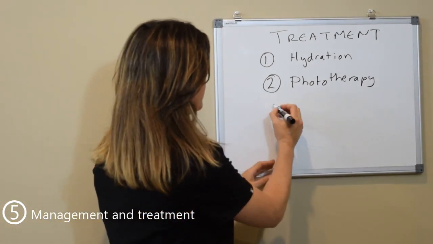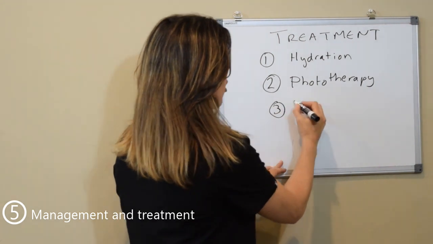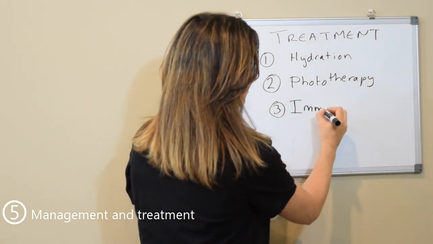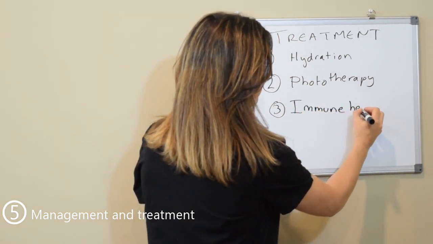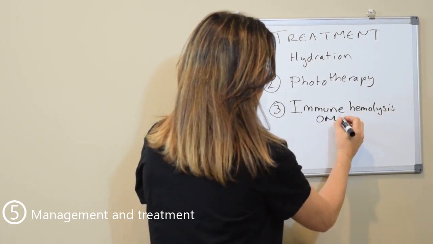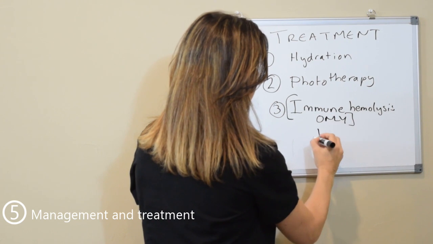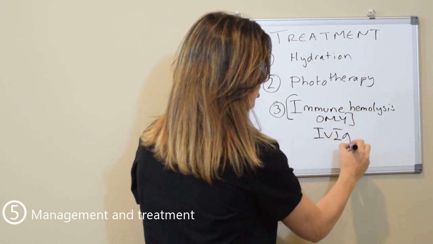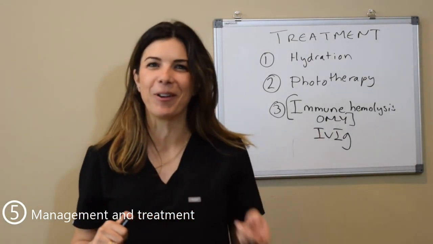And now, number 3 is only in immune hemolysis. And that is the use of IVIG, intravenous immune globulin.